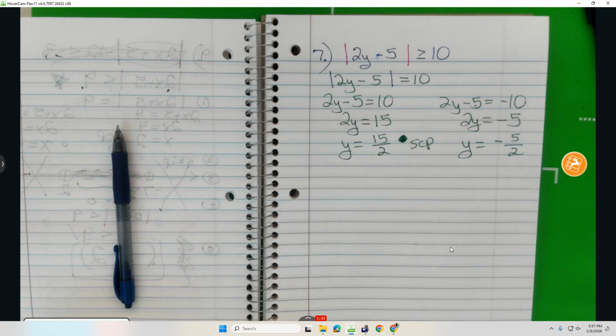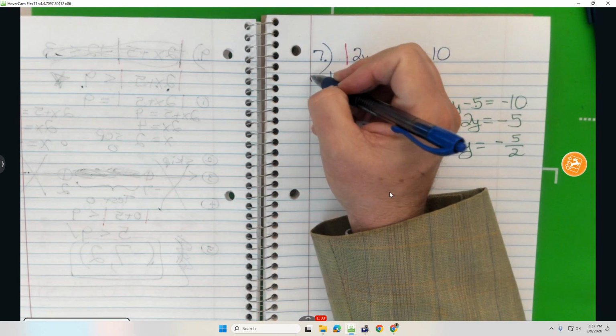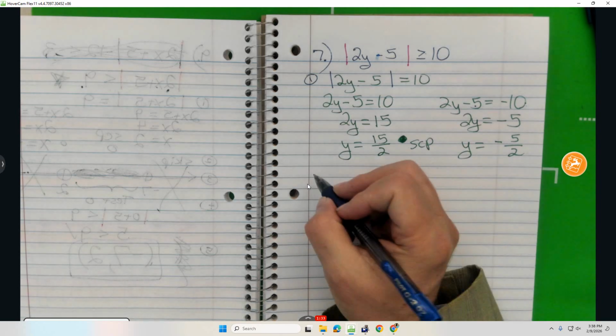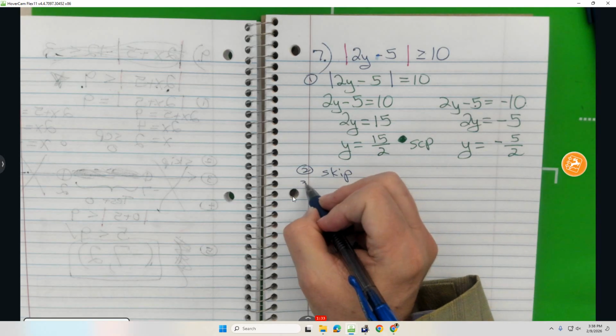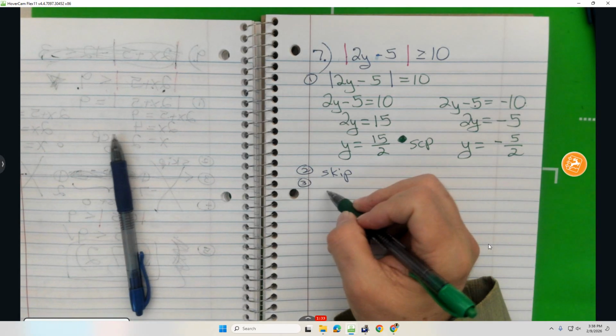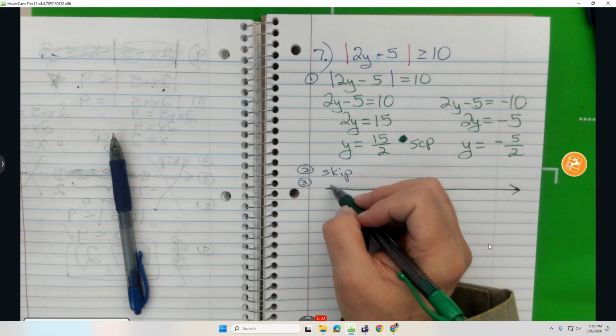Any questions there? What about step 2? This was step 1, setting it equal. Step 2, skip because there's no fractions. Once again, I'll write that out even though it's not really necessary.